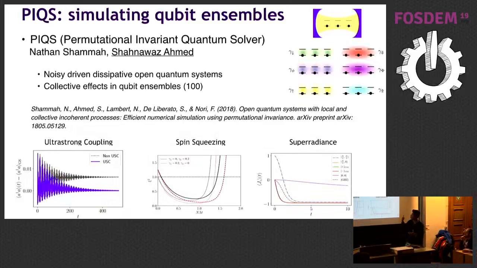So what we are doing here in this addition to QuTiP is, if you take a lot of qubits and you impose some restrictions on it, some conditions, for example, you assume all of them are identical, you have all collective operations on this. What you can do is you can apply some permutational invariance to your system, and instead of studying the system in a 2 to the power n dimensional space, you can reduce it to something polynomial.